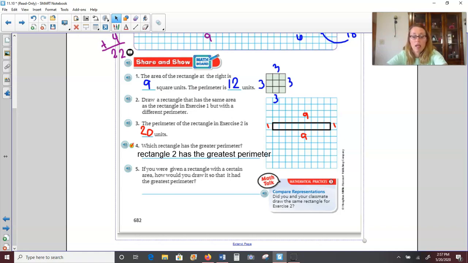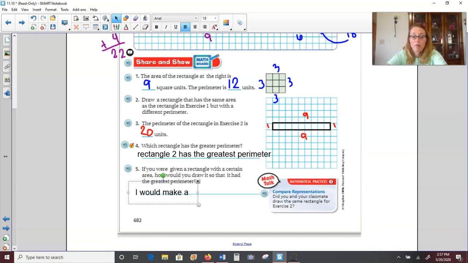So we could say I would make a long, skinny rectangle with 1 unit on 2 sides. And then the top and bottom, or the other 2 sides, could be whatever length.